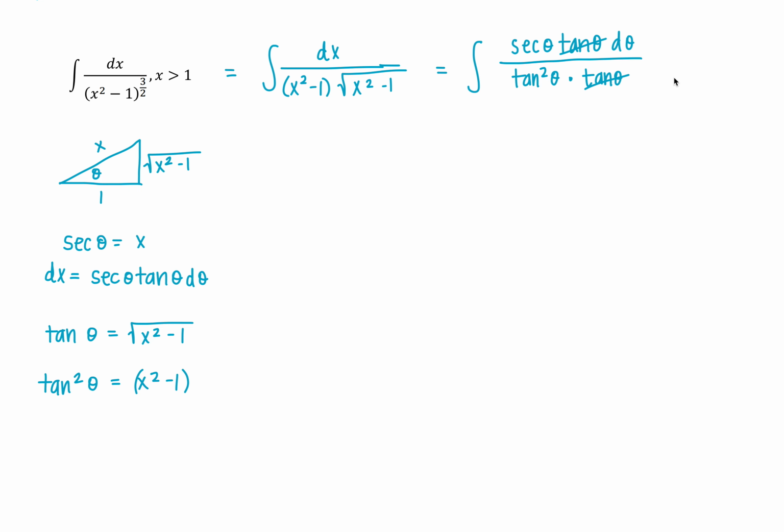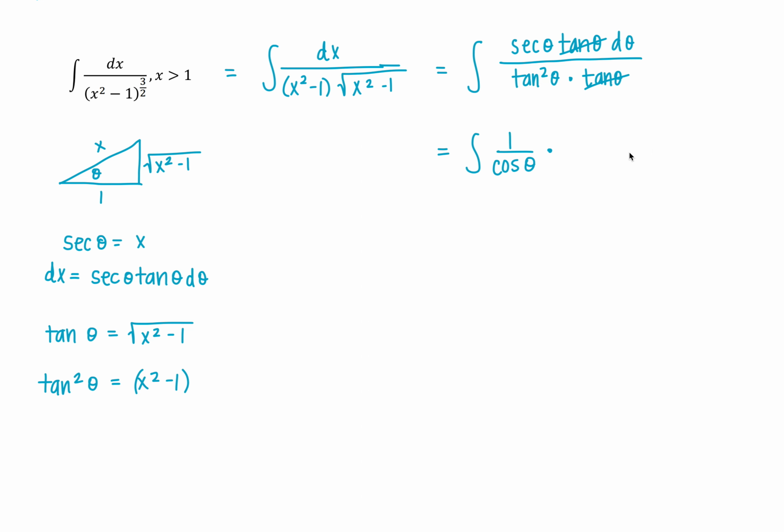And there's different ways that you could go about approaching this. What I'm going to do is I'm going to convert my secant and my tangent into sines and cosines. So secant theta is 1 over cosine theta. Tangent squared, since it's in the denominator, we're going to flip it.